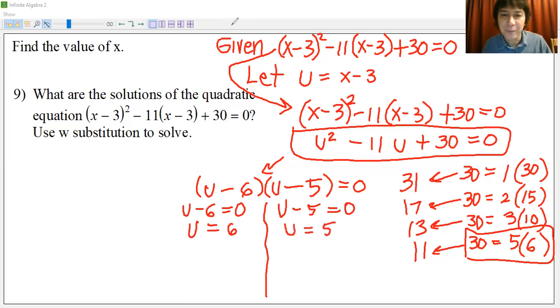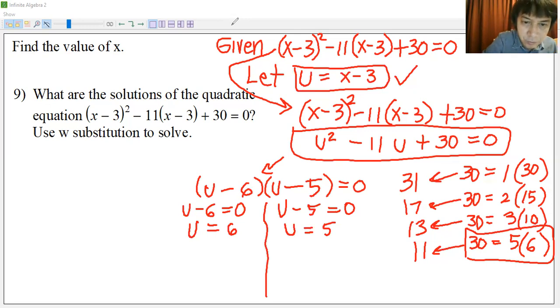We're after the x, not the u. And so we're going back to our substitution here. Our letter u is equal to x minus 3. So we shall replace our letter u with x minus 3. This is now u equals 6.